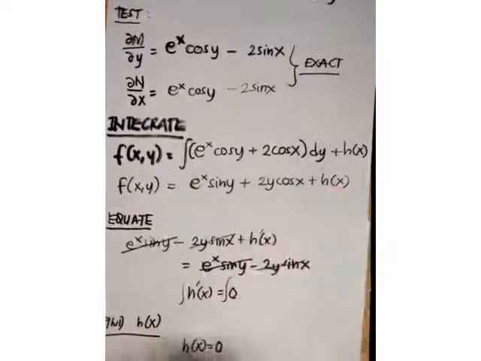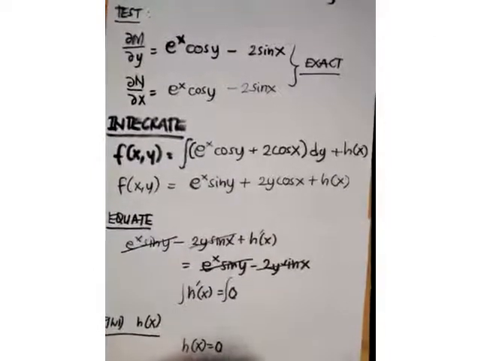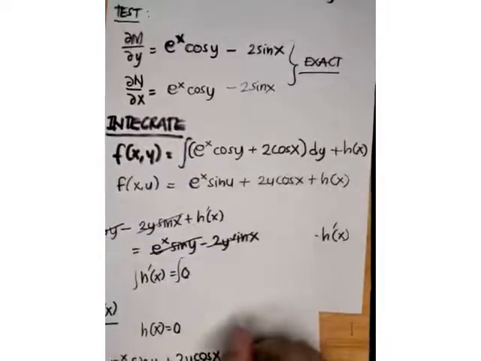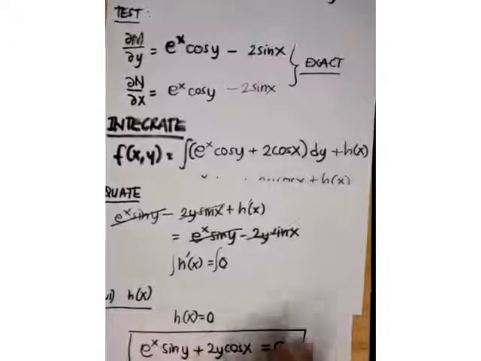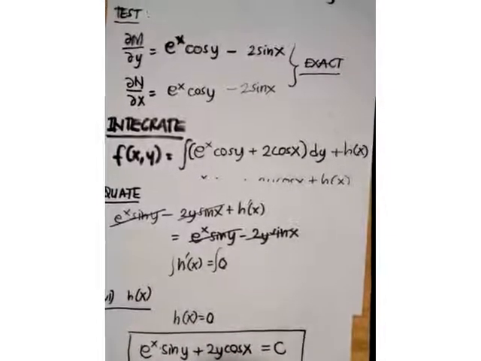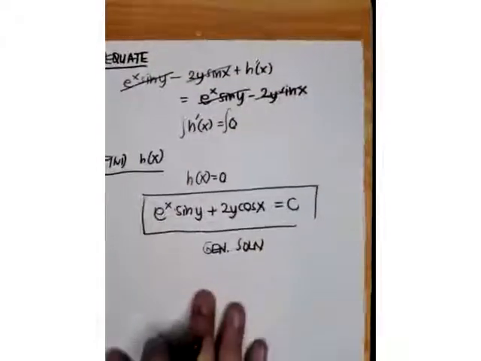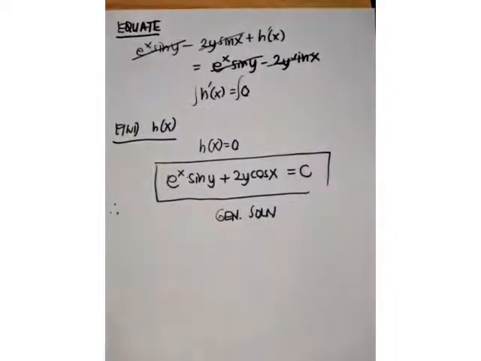So therefore, the general solution is e raised to x sine y plus 2y cosine x, and h of x is 0, so we just equate it to c. So this is our general solution.